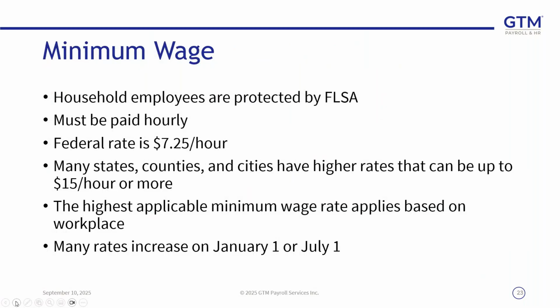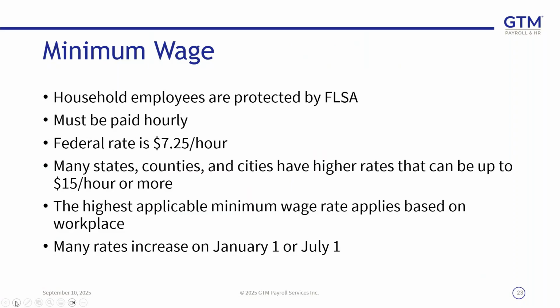The FLSA, which stands for the Fair Labor Standards Act, includes household employees. Domestic workers must be paid at least the applicable minimum wage rate. The federal minimum wage is $7.25 an hour, and that hasn't changed for quite some time. However, many states, counties, and cities have enacted higher minimum wage rates than the federal rate.